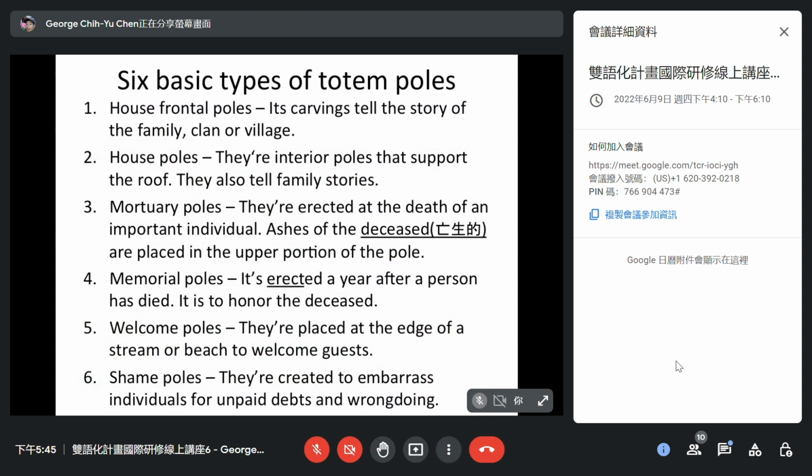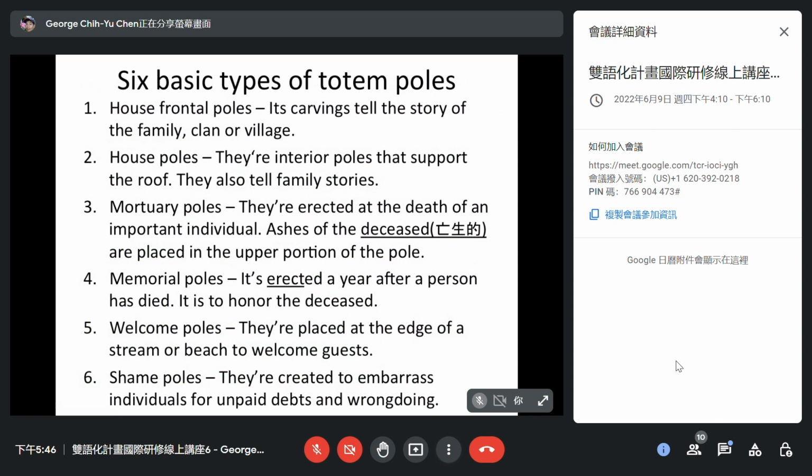These poles are erected at the edge of a stream or beach to welcome guests. Edge means 边缘, stream means 溪, or similar to a river. They are used 来欢迎客人.